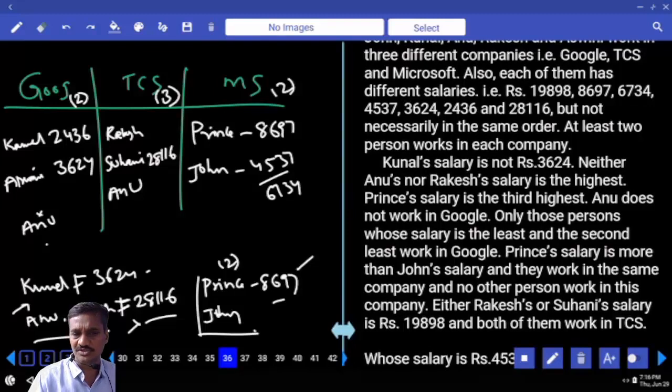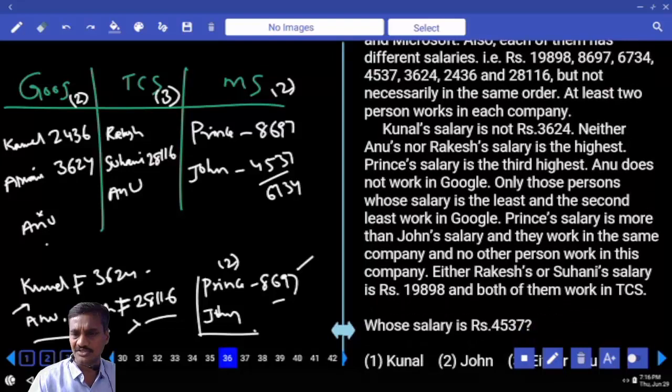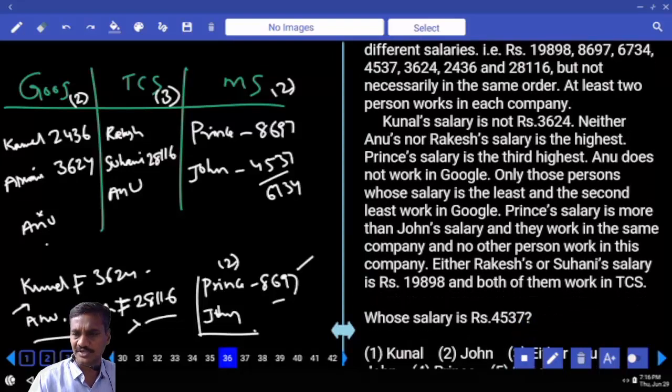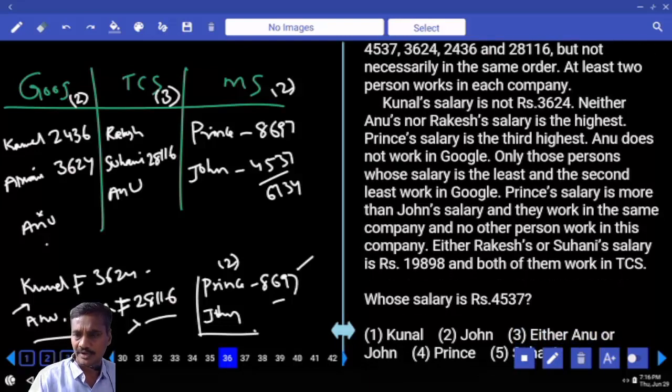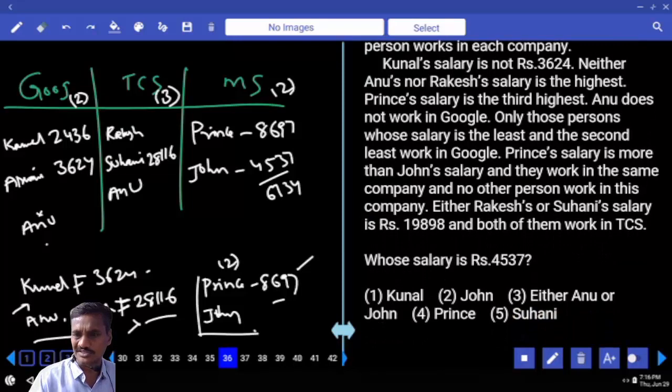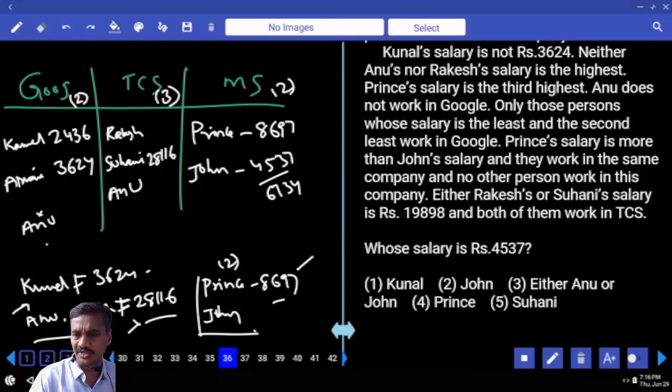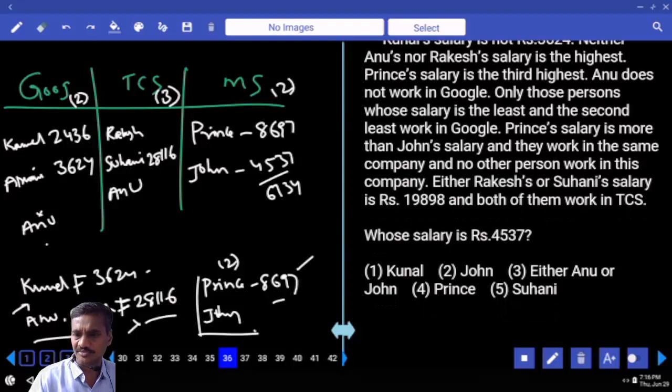Kunal's salary is not 3624, and neither Anu nor Rakesh is the highest, and Prince is third highest. Anu does not work in Google, and only the least and second least work in Google. And Prince's salary is more than John's and they work together. No other person works there.